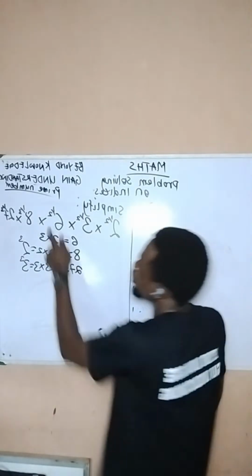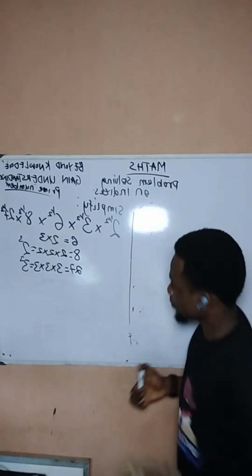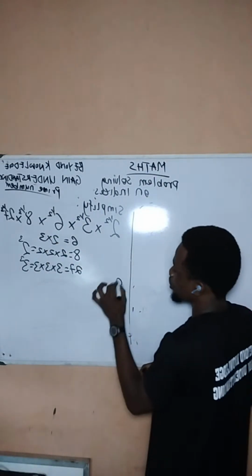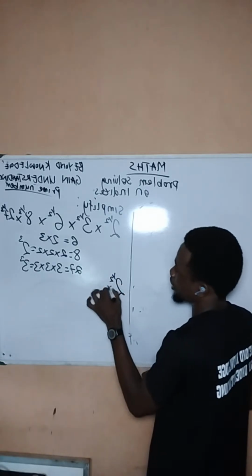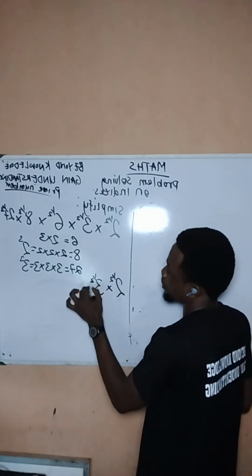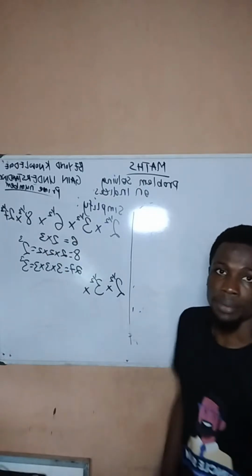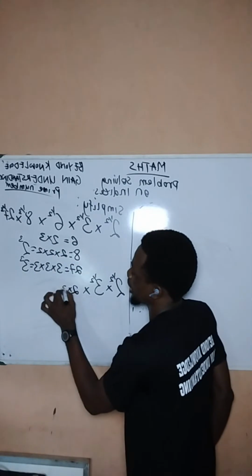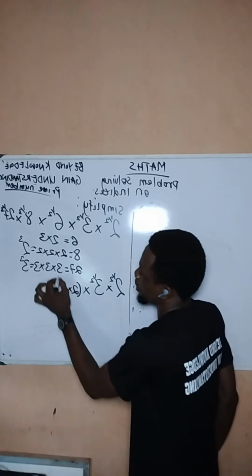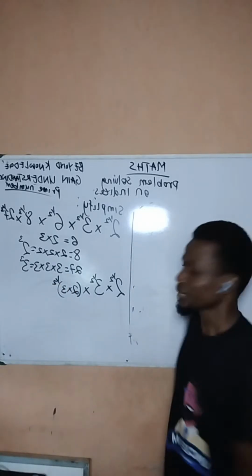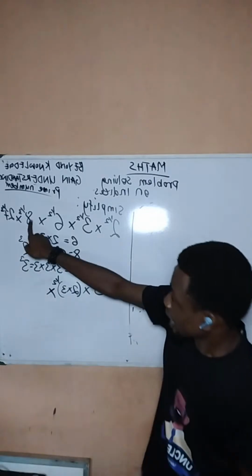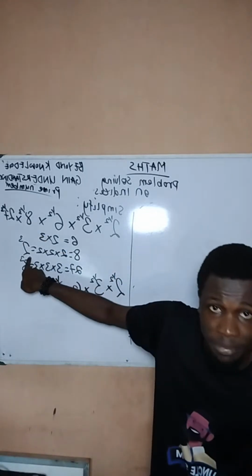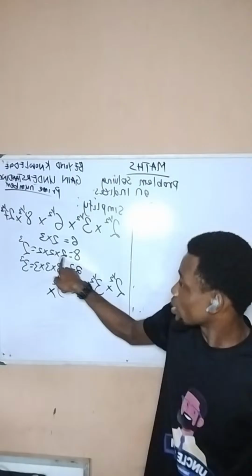So I'm going to go over here. These are going to be 2 raised to the power of 1 over 2 multiplied by 3 raised to the power of 1 over 2 multiplied by, for 6 now, I'm going to change 6, it's going to be 2 times 3, everything raised to the power of 1 over 2. Then multiply by, I'm going to change 8 now to become 2 raised to the power of 3, because I know that 8 is the same thing as 2 times 2 times 2.